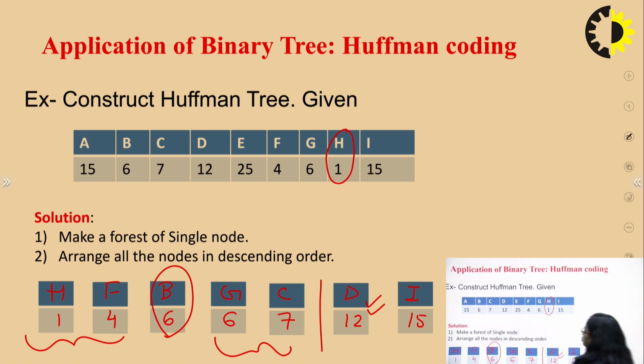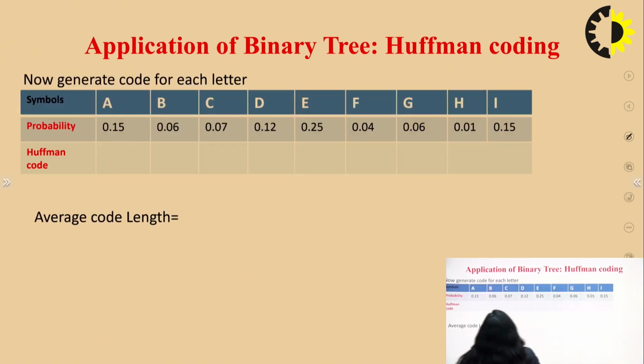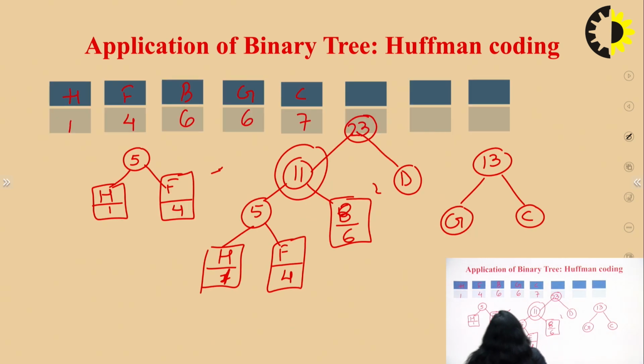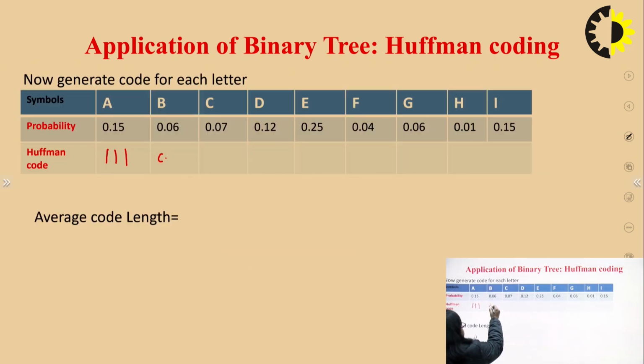So for A, we write 1 three times, right? Now, if I am talking about B, the B code is here. It becomes 0, 1, 0, 1, right?